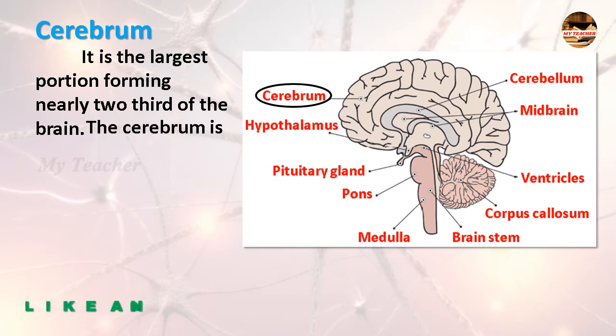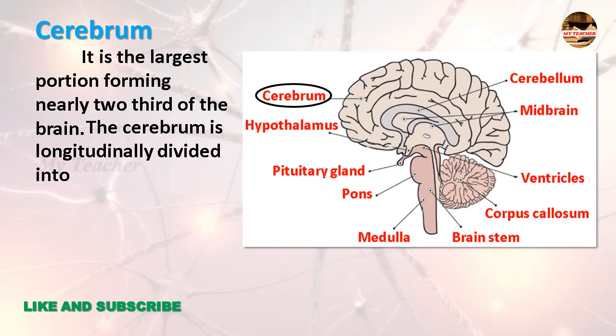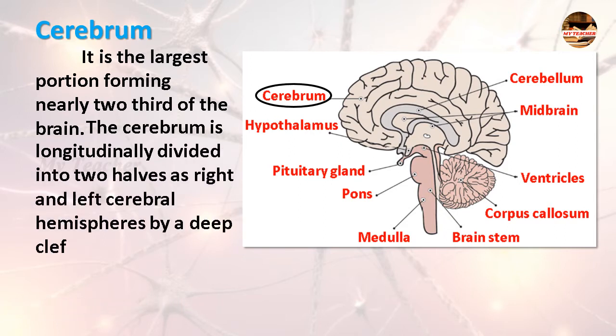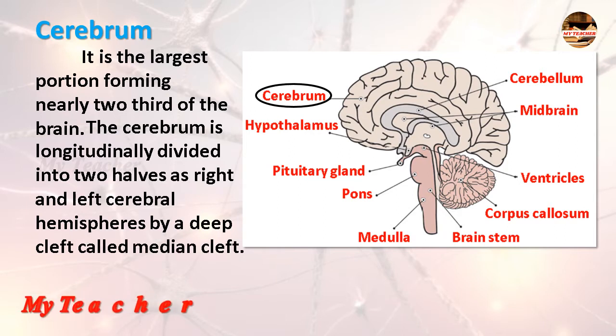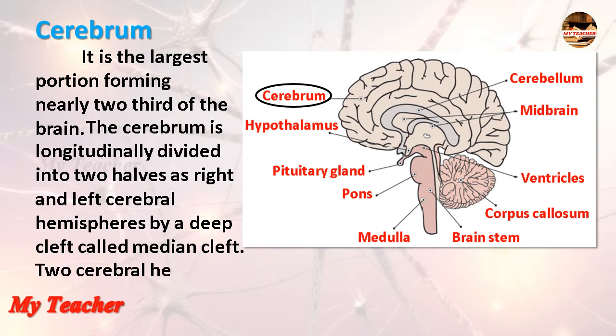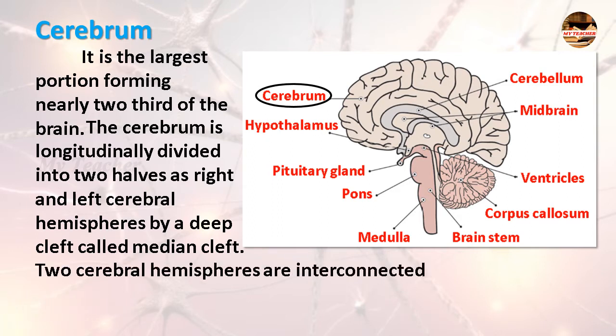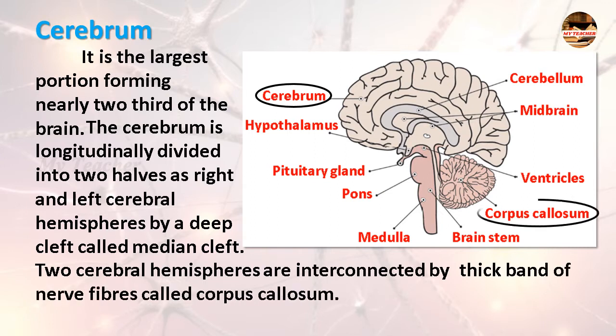The cerebrum is longitudinally divided into two halves as right and left cerebral hemispheres by a deep cleft called median cleft. Two cerebral hemispheres are interconnected by thick band of nerve fibers called corpus callosum.